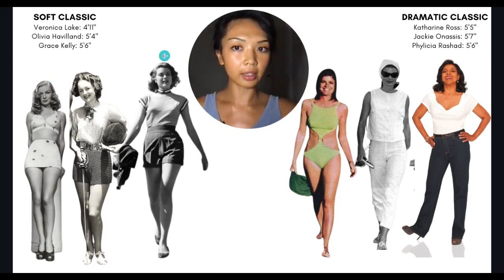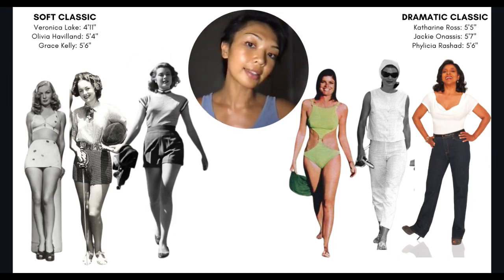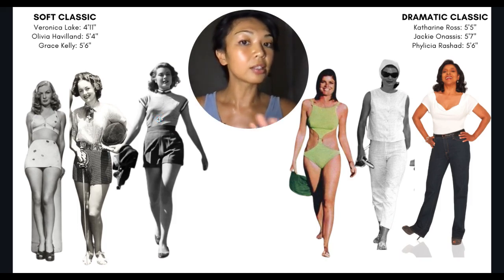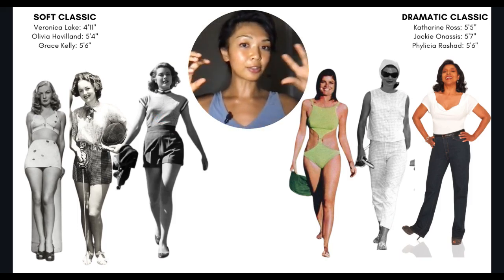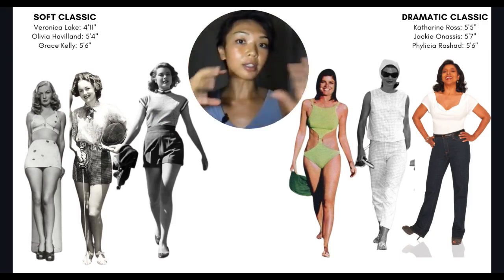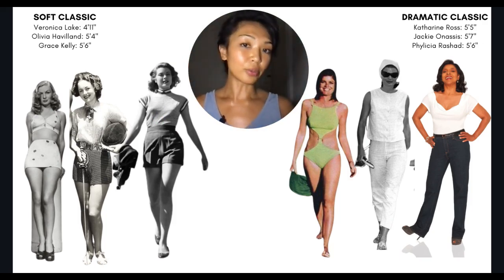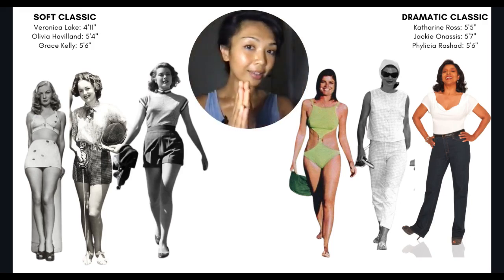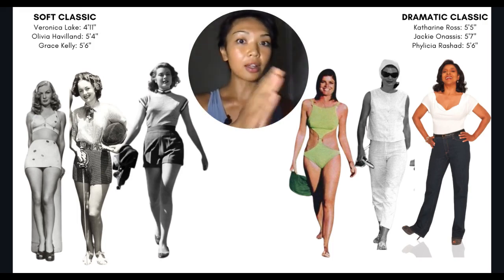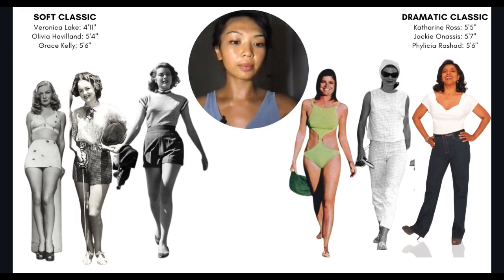Then you have Grace Kelly, who is at the upper edge of the height for soft classics. Again, this all exists on a spectrum, so soft classics, dramatic classics, you're going to be somewhere in the middle. And the reason that there's no pure classic is that no one is likely to be directly in the middle. You're going to veer one side or the other.